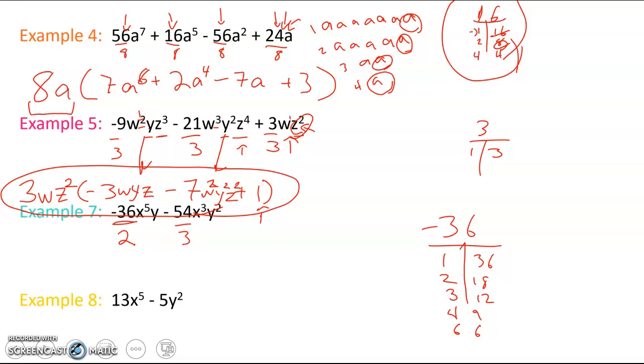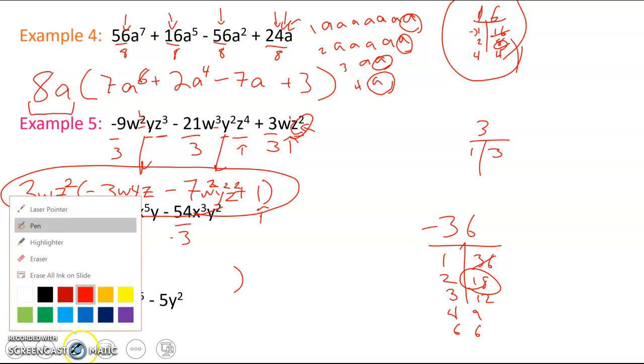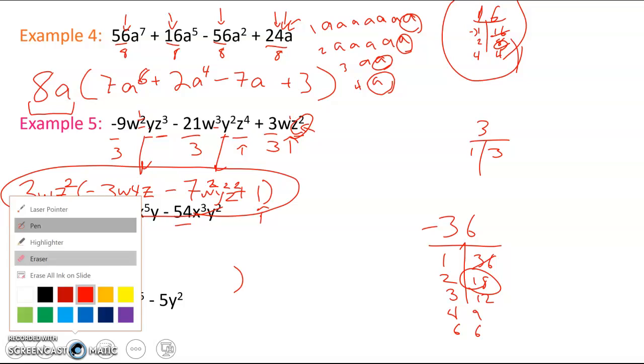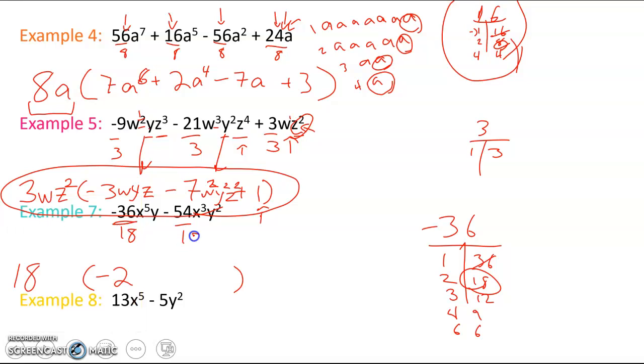So I'm going to go with the 18. That's the number I take out. Just write down the 18. So I'm left with negative 2, and then negative 54 divided by 18 is just a negative 3.